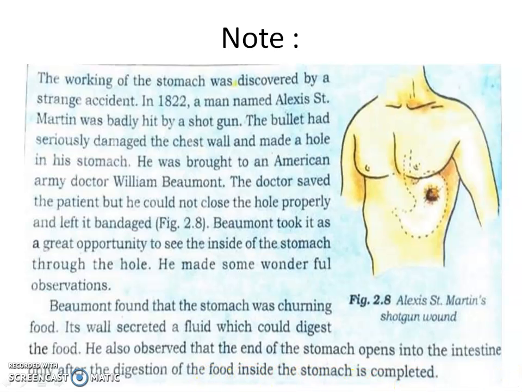So this accident gave us the knowledge of the stomach: how it digests food, with fluids secreted by the wall of the stomach, and after digesting the food, the mouth of the stomach opens into the small intestine.